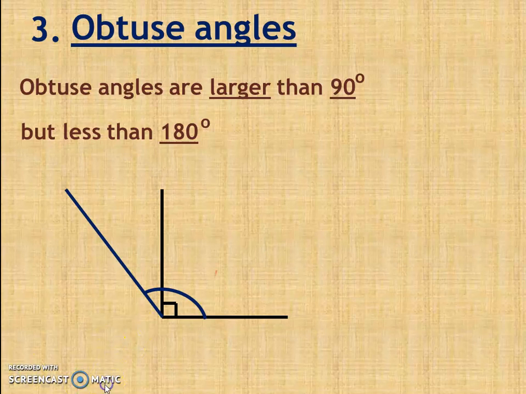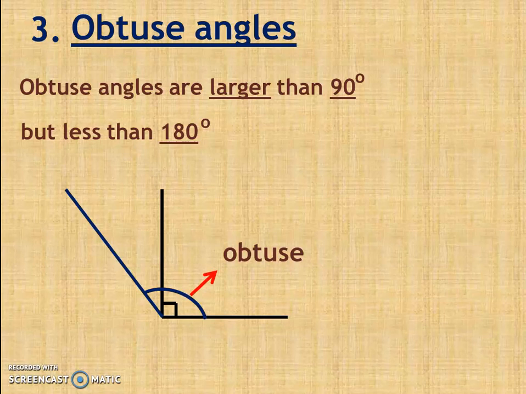So look at this, larger than 90 degrees, it's called obtuse. So if the angle is larger than 90 degrees, for example 95 degrees, 100 degrees, 135 degrees, etc., it's called an obtuse angle. But be careful.